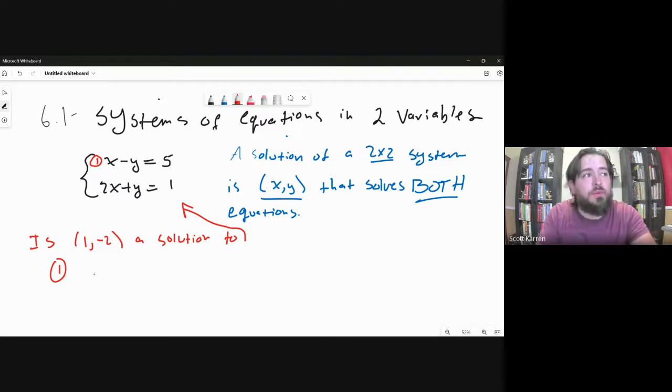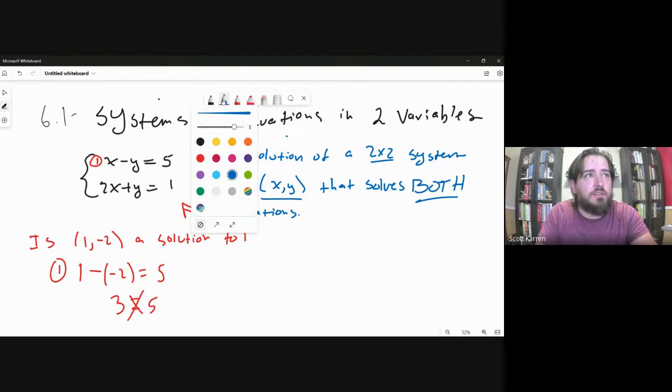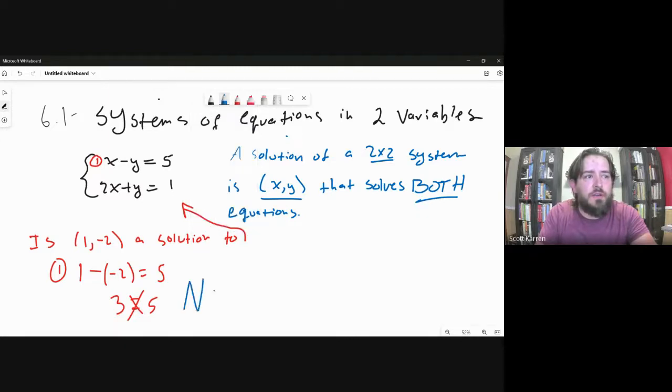We have to check both of them. We plug in the x value, 1, for x and the y value for y, and we can see this fails already because 1 minus -2 is the same as 1 plus 2, which becomes 3. Once it fails one, it's not a solution, and you don't have to check the other one. So no, it's not, and that's that.